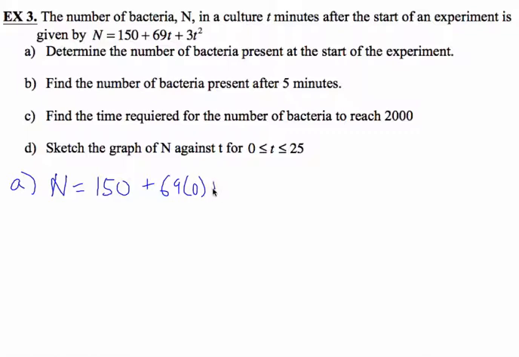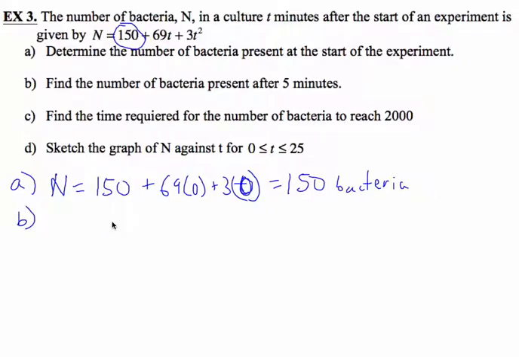And actually this will give you the y-intercept, which is the initial value of the number of bacteria. So it actually equals 150, which is the constant here. So there's 150 bacteria in the culture at the beginning.